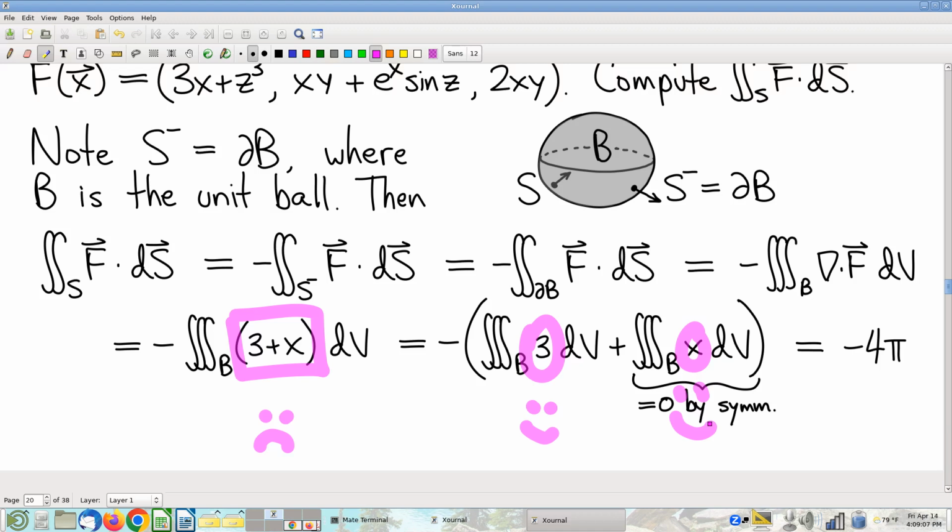It's a tremendous benefit sometimes to break it up into separate pieces and use cool constant tools for the constant terms, and cool symmetry tools for your symmetric terms. And then the total effort is a lot less. And you can see this works out as an easy geometry problem as a result. Everybody happy?